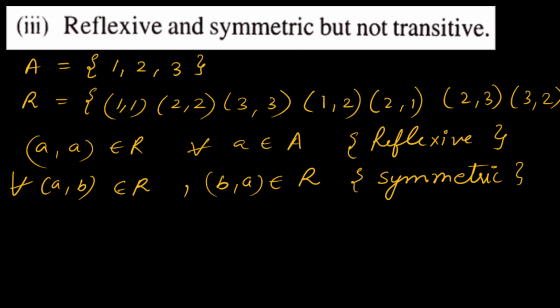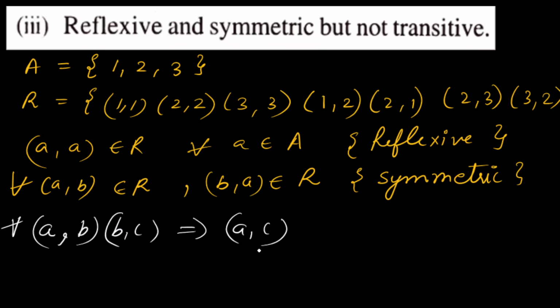Now this thing should also be true for all ordered pairs if it is transitive: for all (a, b) and (b, c), we should have (a, c). So let's check this for all ordered pairs.